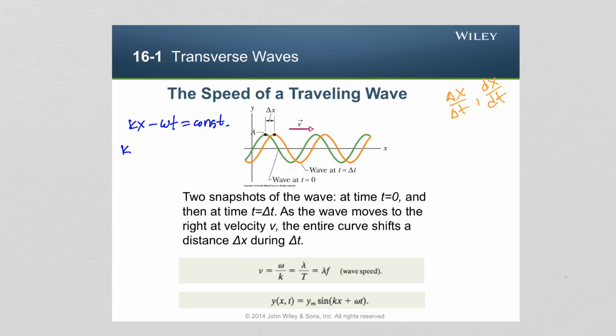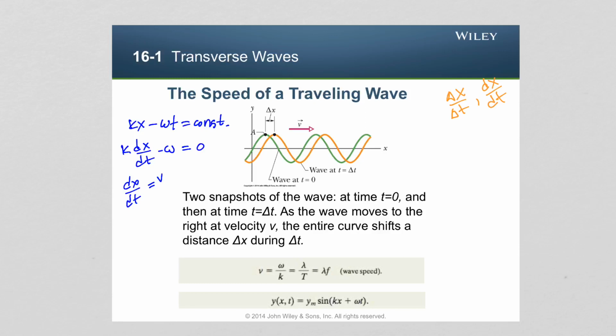So we have k dx dt minus omega is equal to 0. Just as a reminder, the derivative of a constant is equal to 0. Now dx dt is defined as the velocity.